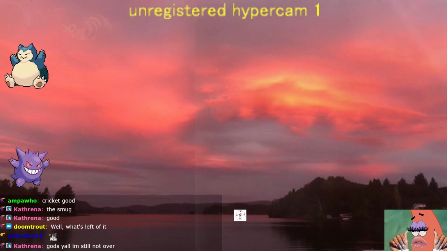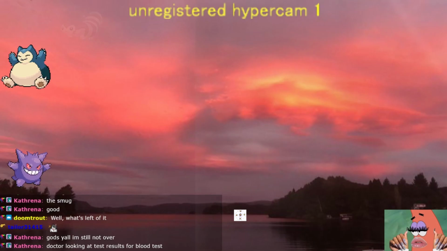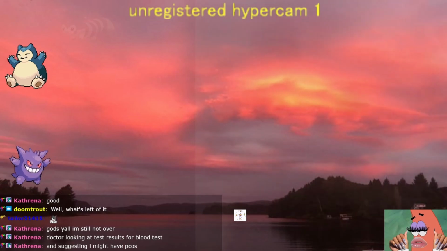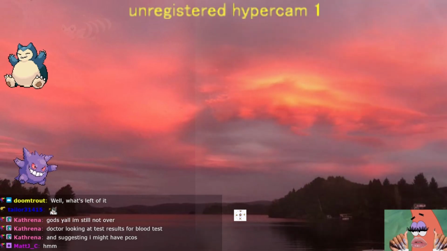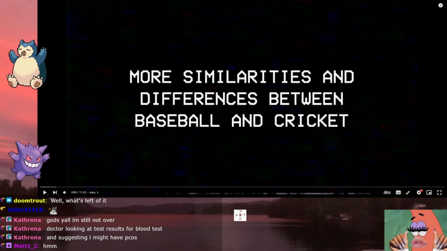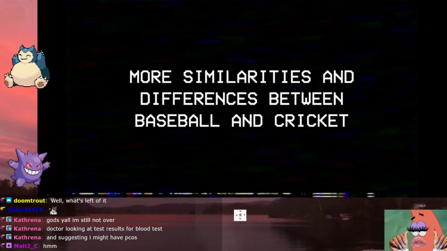I can't find it. Oh, it might have been this one. Baseball and cricket, more similarities and differences. Yeah, I think it's this one. Hold on. You get a little more cricket action. And differences between baseball and cricket.